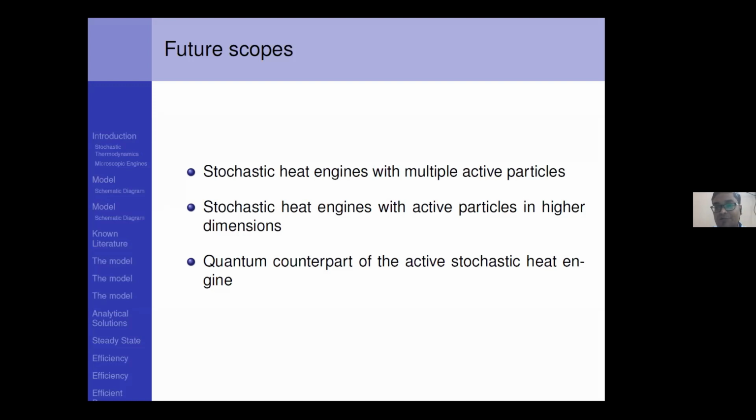The objective was to show that the efficiency increases if I take the colored noise, and efficiency is above that of a simple thermal noise. But if in some special form of this correlation the efficiency shows some other behavior or not, that we don't know. But the objective is that this engine is more useful than the normal passive engine. But there are other active particles like RTP, ABP.